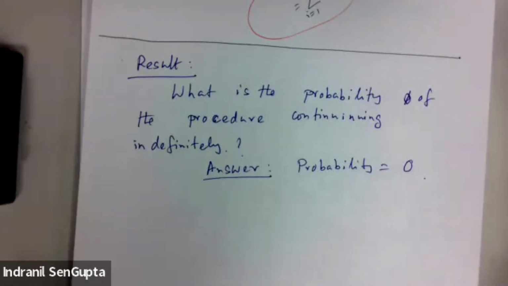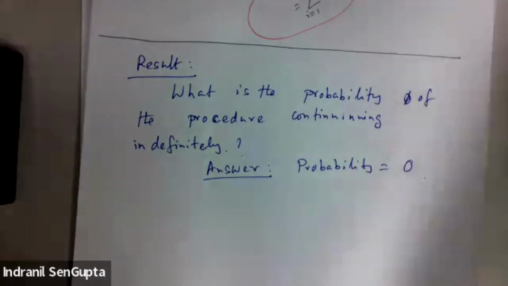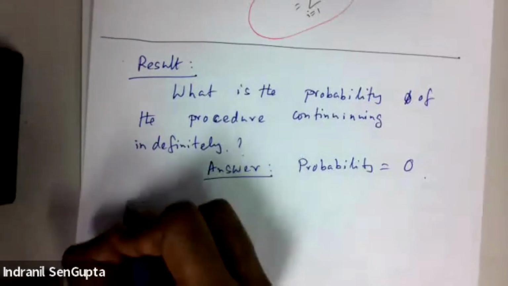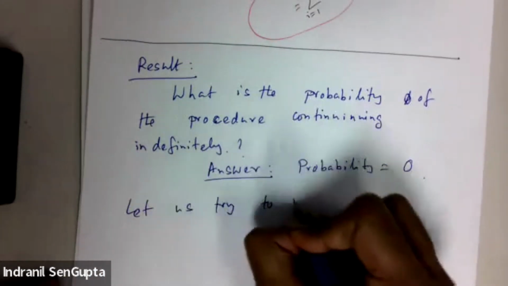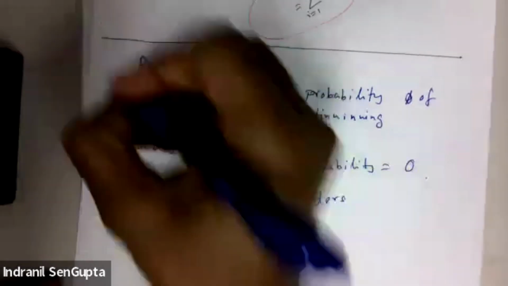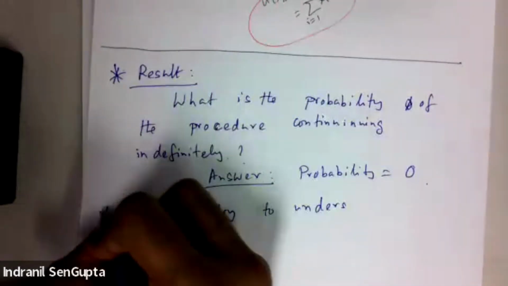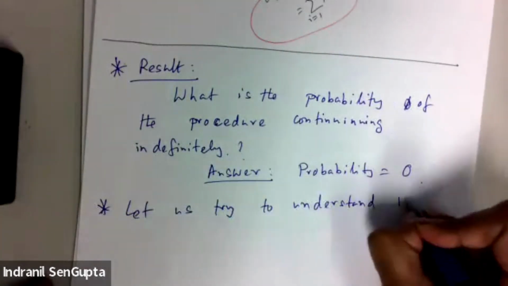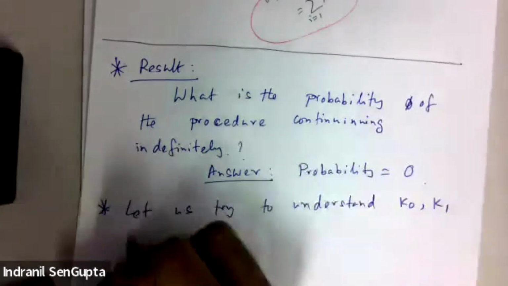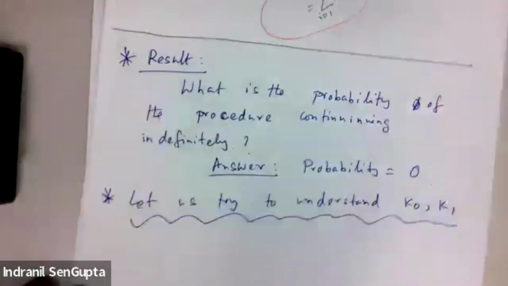And then, let's try to understand those two constants. So that was the first important result. And the second one, let's understand K0 and K1. Okay?